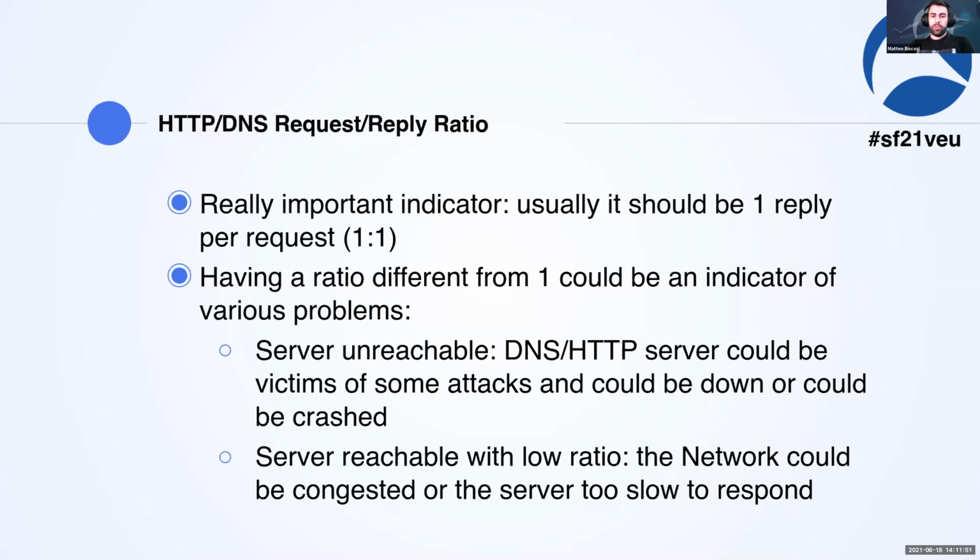So if the ratio is different from one, then it means that there could be some serious problem. There could be problems with the server, so the server could be under some type of attack, or it could be just crashed or down, so they could be really serious problems.